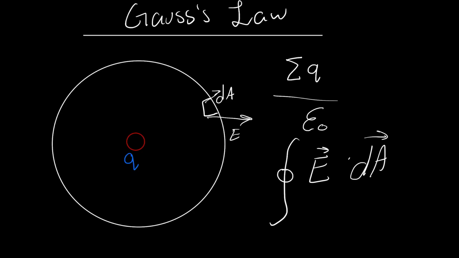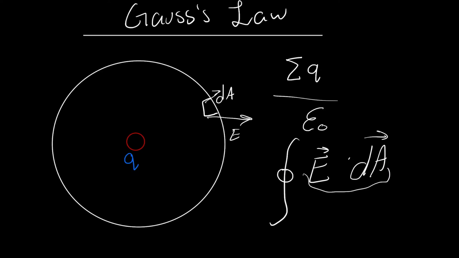Okay? Now, to this original equation, you add a closed surface integral, and it has this circle in the middle because it means that you add every electric field as well as every dA on the surface. Okay?